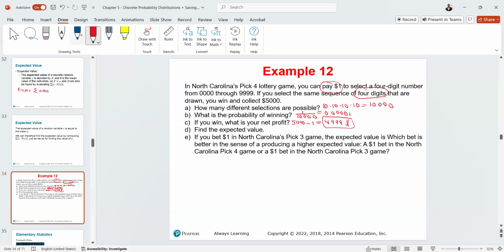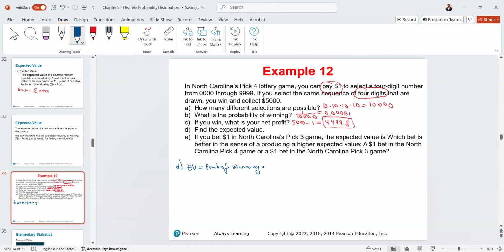Okay, now let's see what we can do for part D. They said find the expected value. To find the expected value, remember, you need to know the probability of winning. So the expected value is the probability of winning multiplied by what you would win.